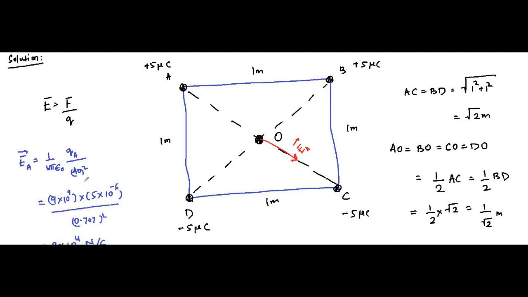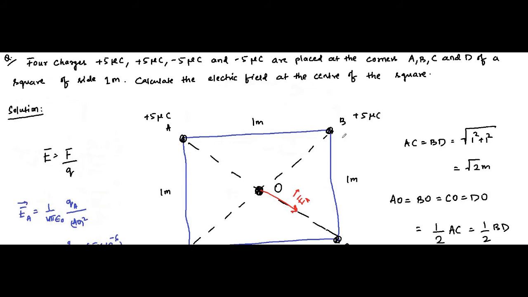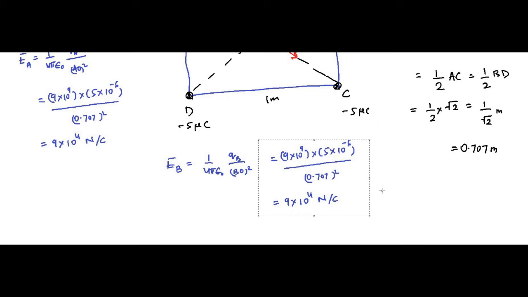So electric field at O due to the plus 5 microcoulomb charge at B will also be the same, 1 by 4 pi epsilon 0 QB by BO whole square, which is equal to 9 into 10 to the power 4 Newton per coulomb.